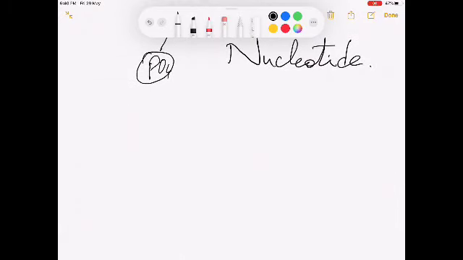So look at this, how it will be formed. You have to practice this structure. Look at this. Then the second sugar will be attached with this phosphate.